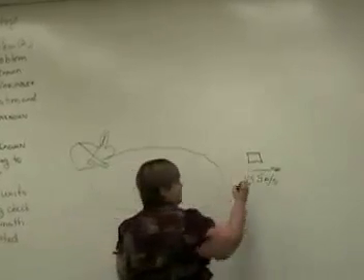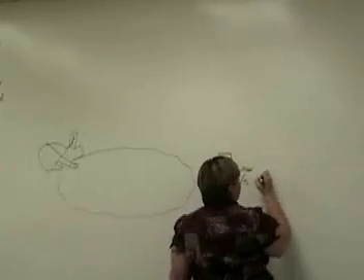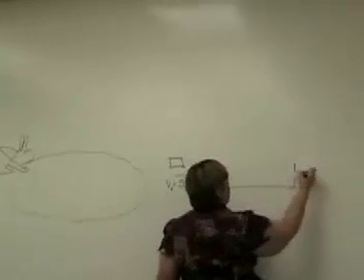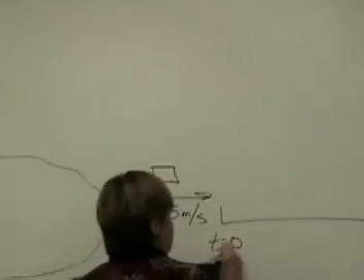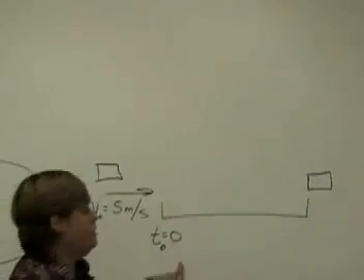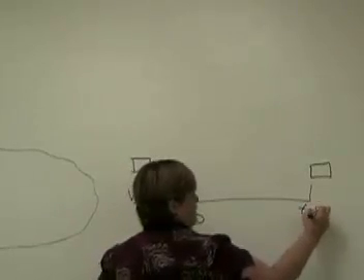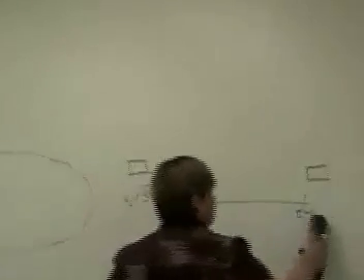So he's running across, he comes to a stop at some time later. So this is t, the original time, which is 0. Final time, 3 seconds.